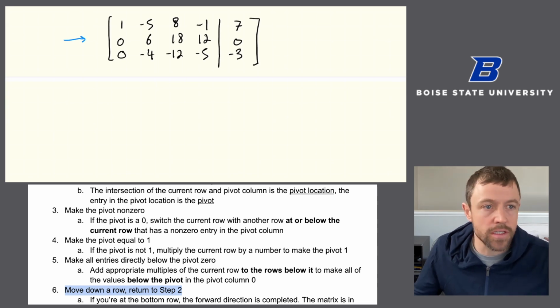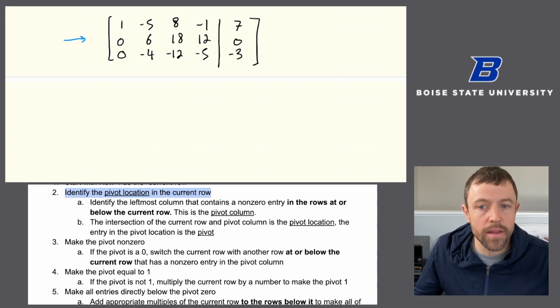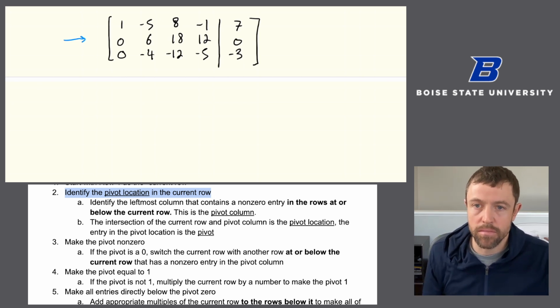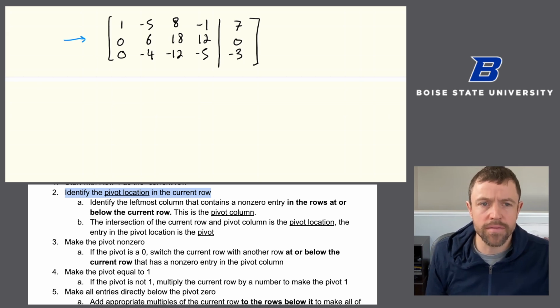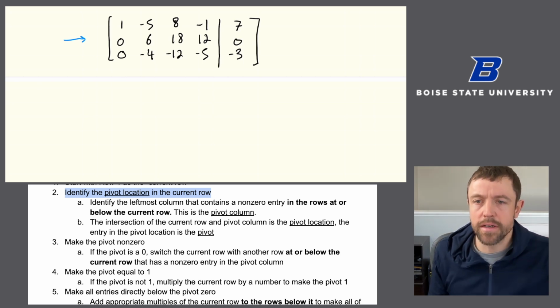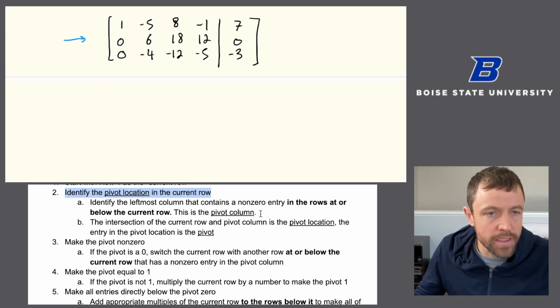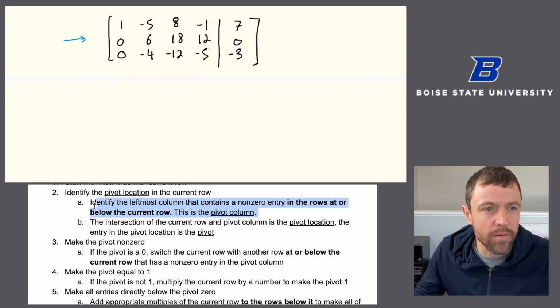All right, so we have to return to step 2. Let's scroll back up. So again, we need to identify the pivot location in the current row. And this one is a bit more interesting than the first one, so I'll dwell on it more this time, because the first time all this information worked a little differently because we didn't have to ignore stuff. So I want to identify the leftmost column that contains a non-zero entry in the rows at or below the current row.